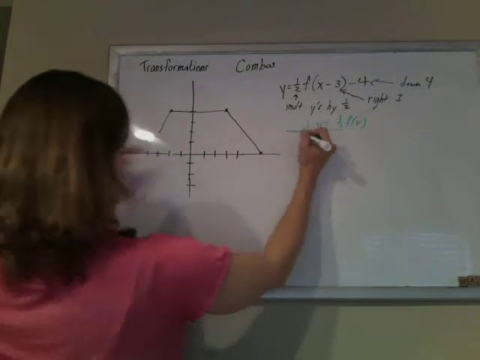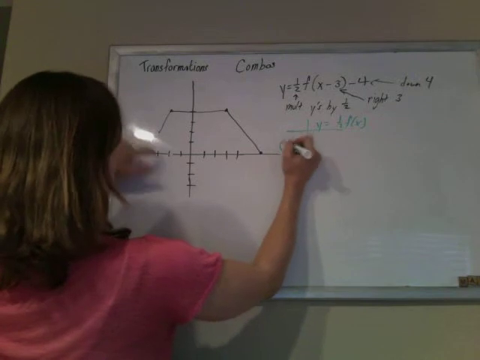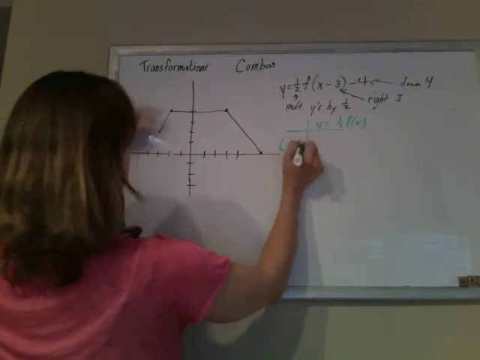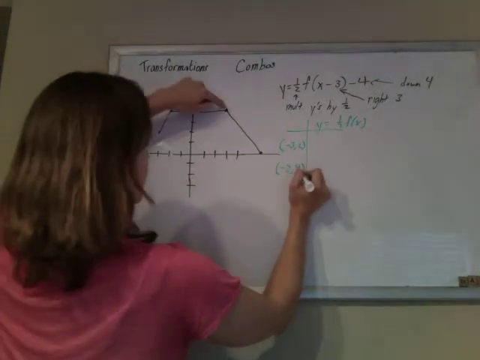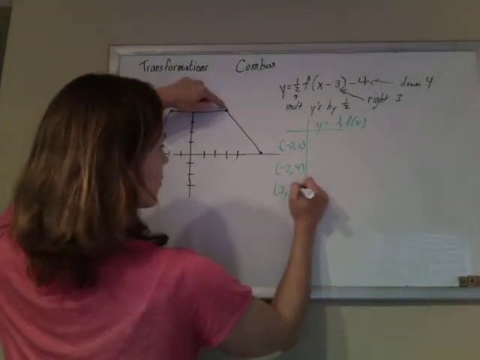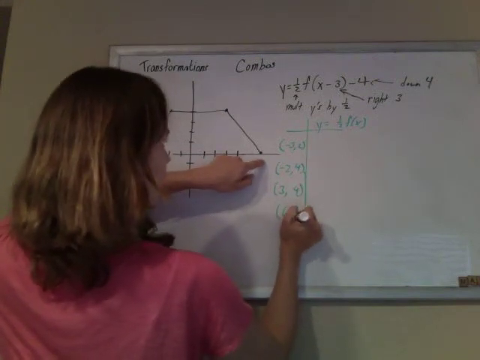And my original points that are going to help me out are kind of these key points here. This is -3, 2. This is -2, 4. This is 3, 4. And this is 6, 0.